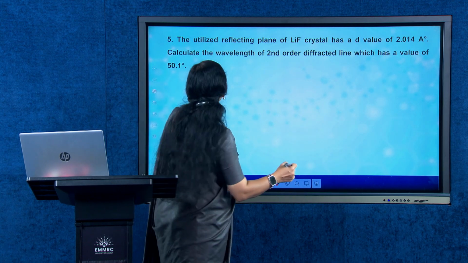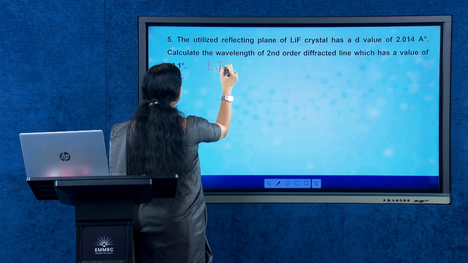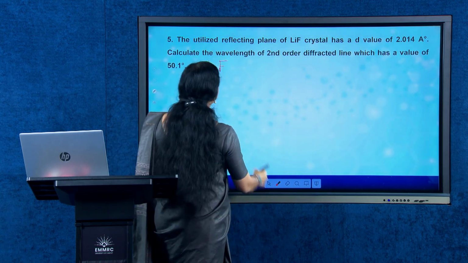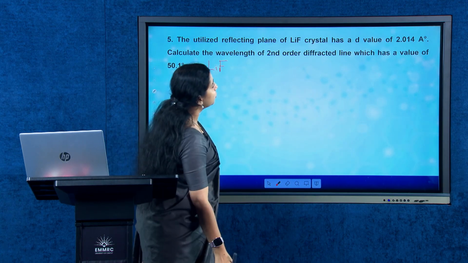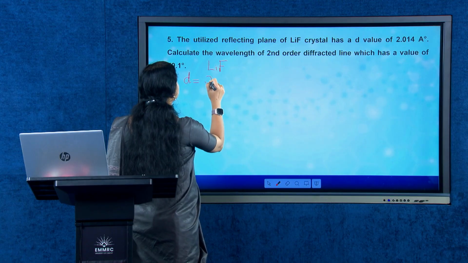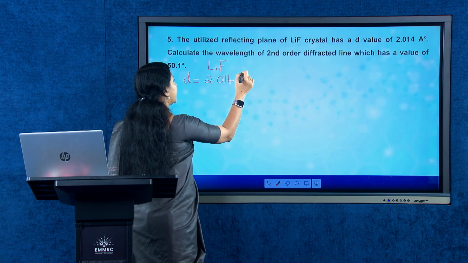So, here we have a lithium fluoride crystal. The d value is given, the spacing d is equal to 2.014 angstrom.